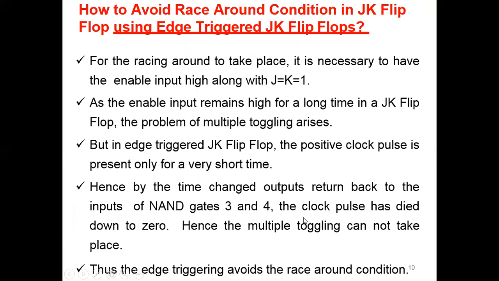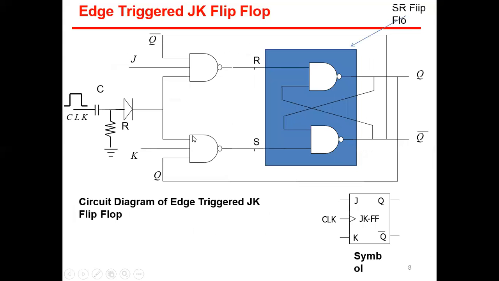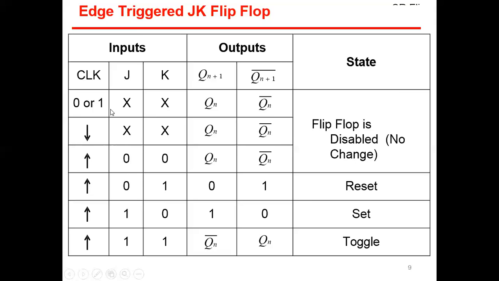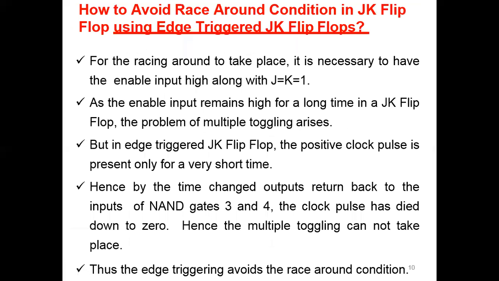How to avoid the race condition in JK flip-flop using edge trigger JK flip-flops? For the race around to take place, it is necessary to have the enable input high along with J and K equal to 1. As the enable input remains high for a long time in the JK flip-flop, the problem of multiple toggle arises.